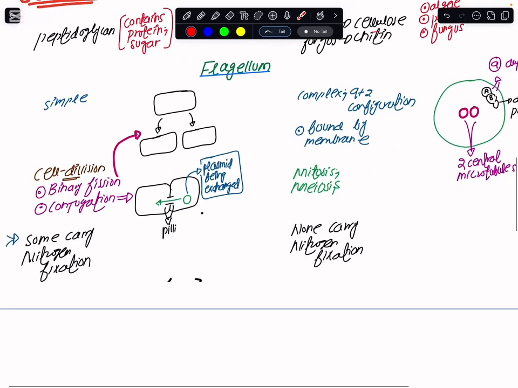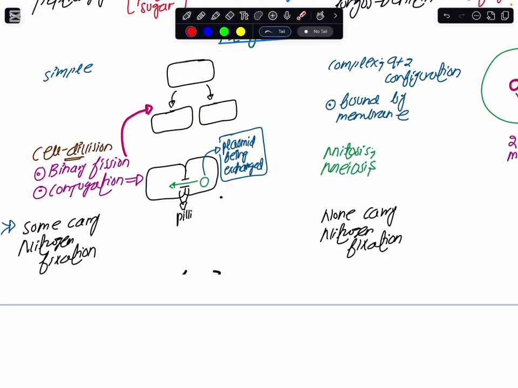As far as the type of cell division is concerned, the bacteria can divide both sexually by conjugation and asexually by binary fission. When the parent bacterial cell divides into two new bacterial cells such that the cellular content remains the same, it is binary fission, a form of asexual reproduction.